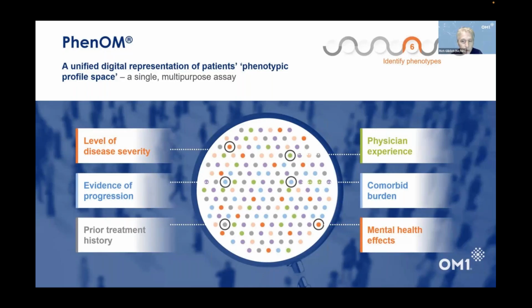We can even include physician experience. From that, we're able to identify areas of this fingerprint that we can associate with specific undiagnosed diagnoses, or the likelihood of a particular patient to respond to a particular treatment.